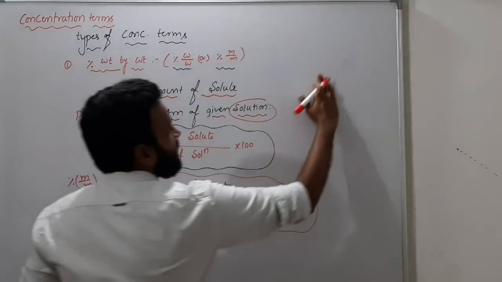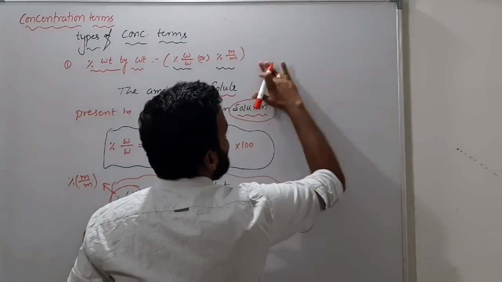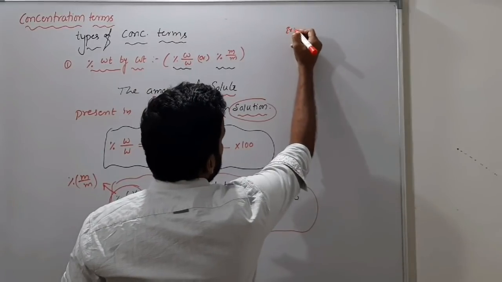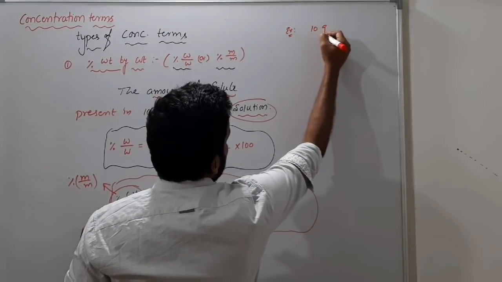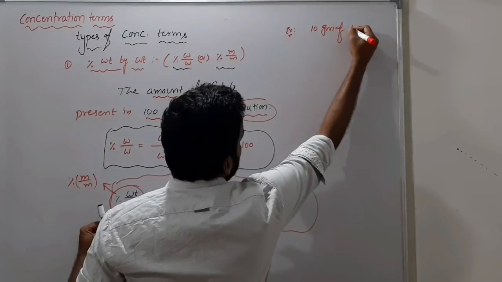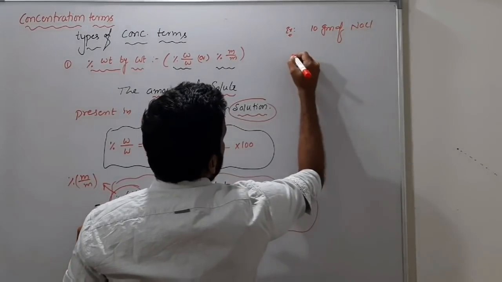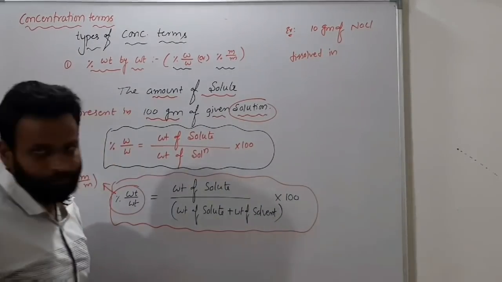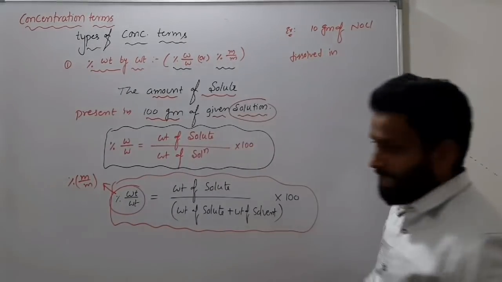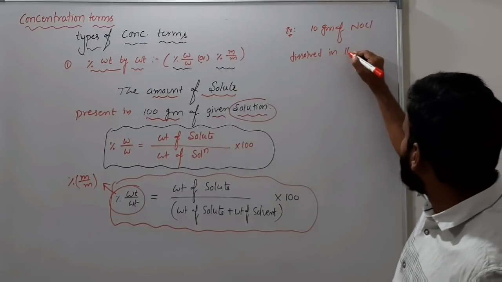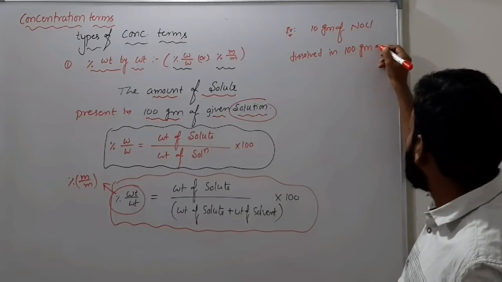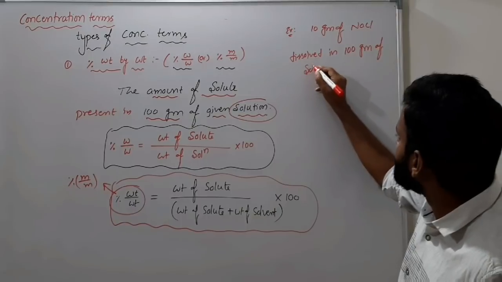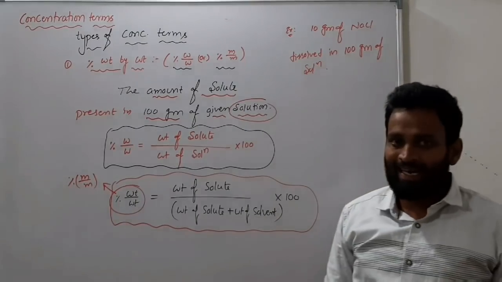So if you want any examples regarding this, same as I told you previously, 10 grams of NaCl dissolved in 100 grams of solution.